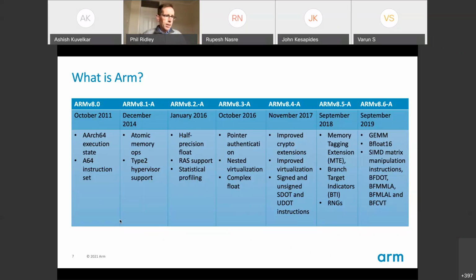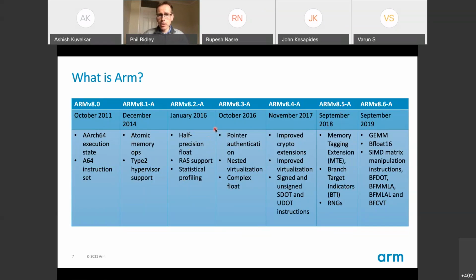And over the years, you can see by the evolution diagram, in each revision of the instruction set, like v8.1, 8.2, etc., we've added extra features to suit the applications that the architectures are being used for at the time.